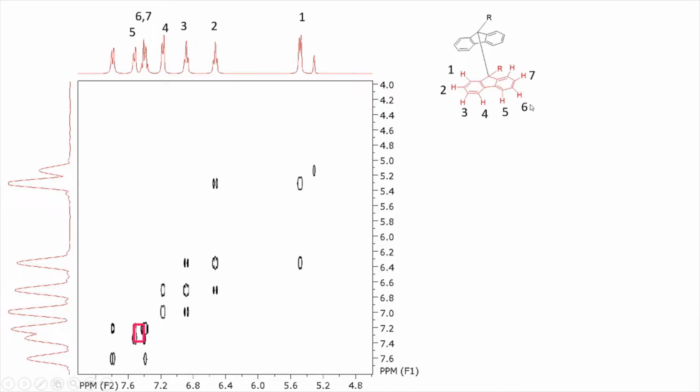And since 7 is also here with the 6, and next to 7 there is another proton, 8, that is also correlating here at the last point, 8.